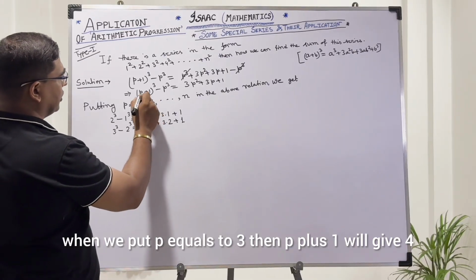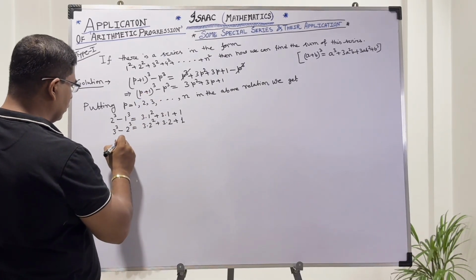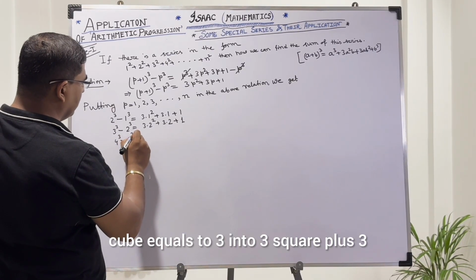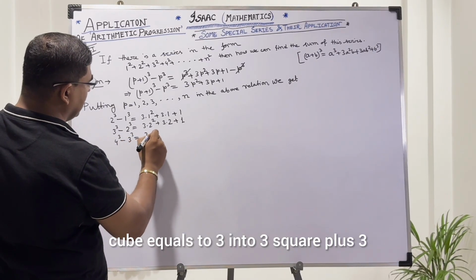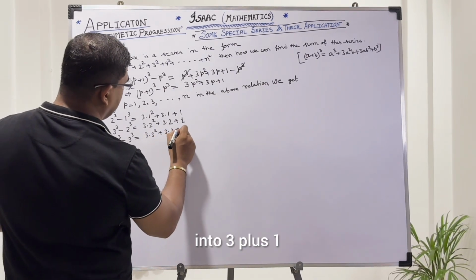When we put p equals to 3, then p plus 1 will give 4. So this is 4 cube minus 3 cube equals 3 into 3 square plus 3 into 3 plus 1.